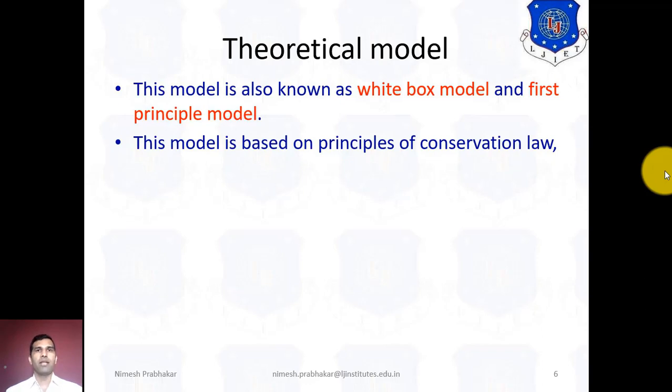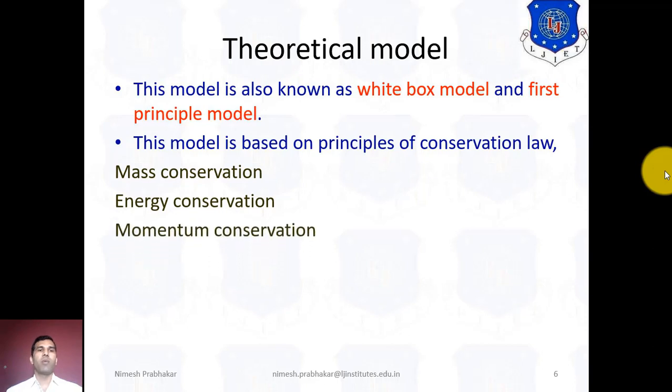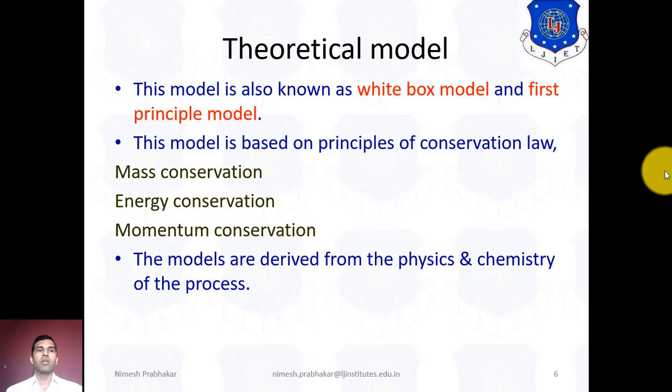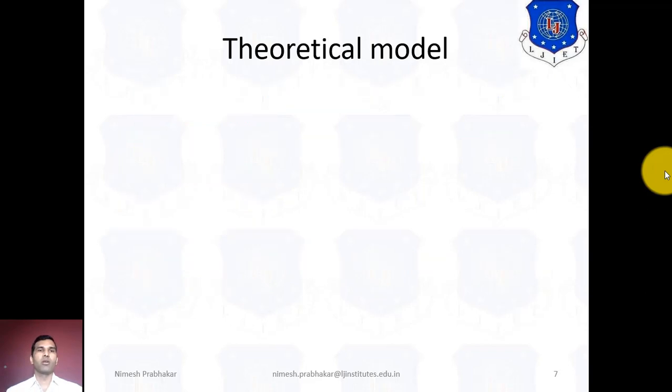We know mainly three conservation laws: first is mass conservation, second is energy conservation, third is momentum conservation. By using these laws, this model is represented. The model is derived from the physics and chemistry of the process. So this is a theoretical model.